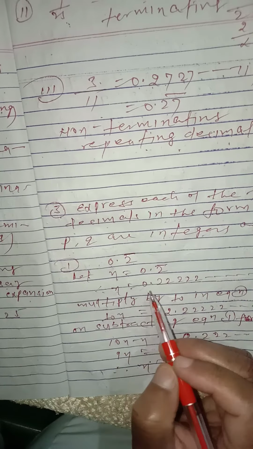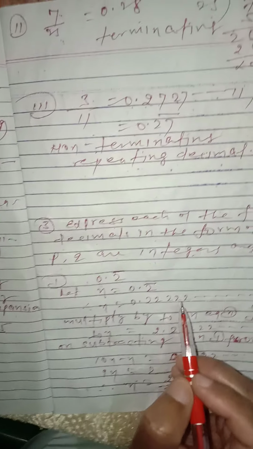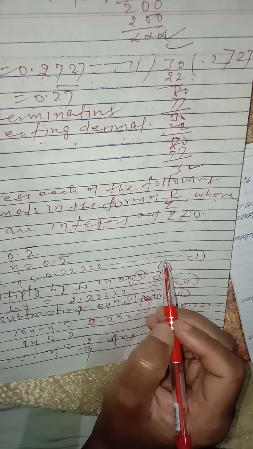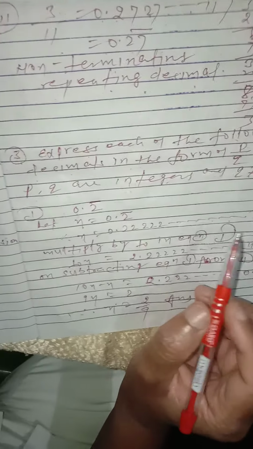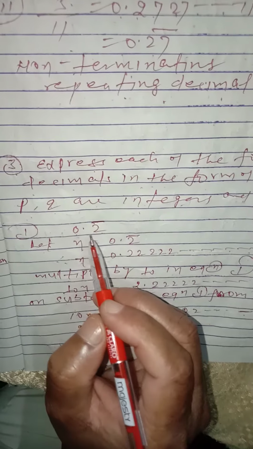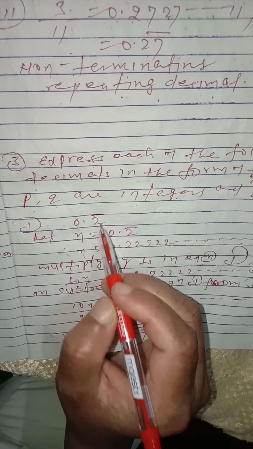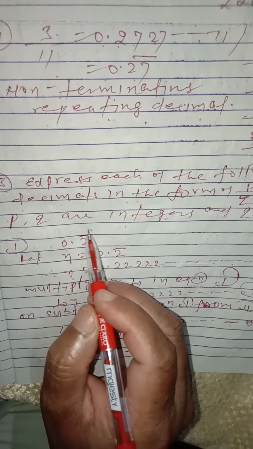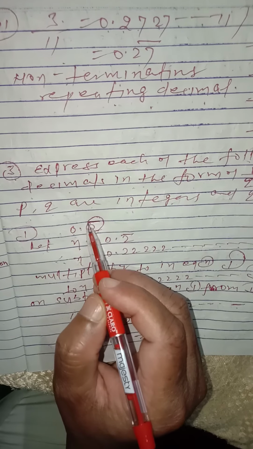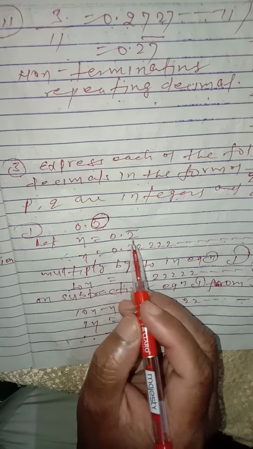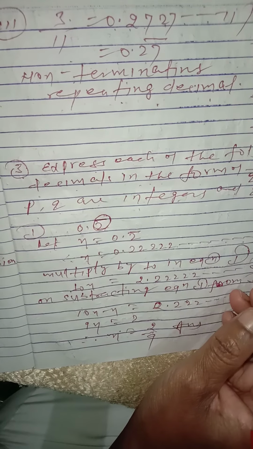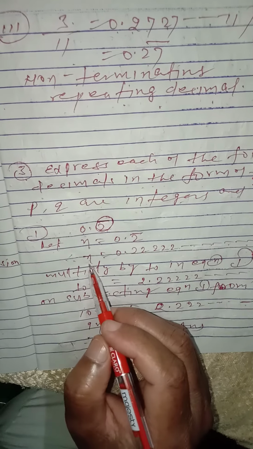So x equals 0.2222222, infinite times repeating. This is equation 1. Now, after the decimal there is only one digit recurring, so always multiply by 10 on both sides.